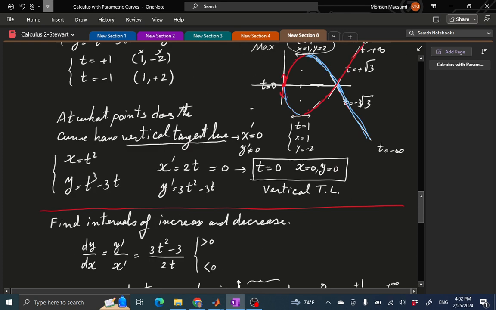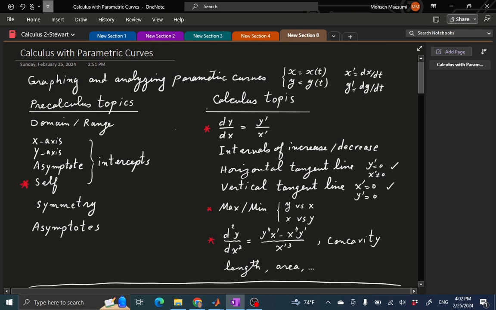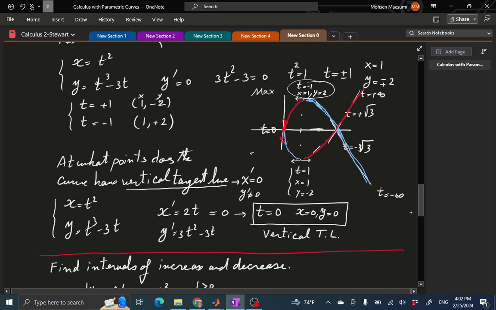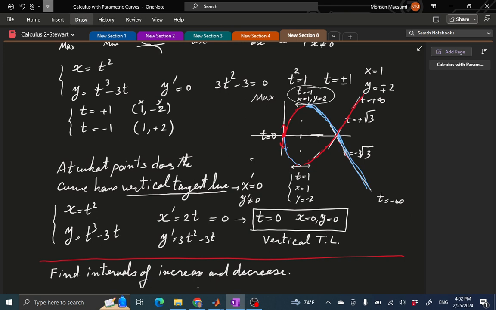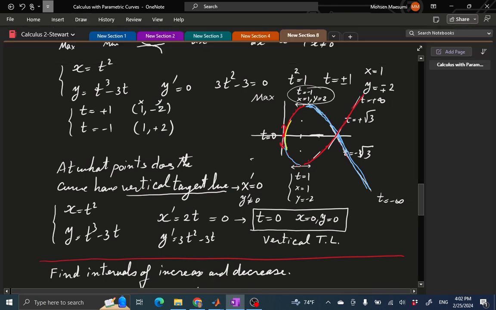What else were we going to talk about? So let's see. We talked a bit about this one, somewhat about this one. So we talked about y versus x, x versus y. You can also see x versus y. When we say x is equal to t squared, that means down here it looks just like a parabola. This is x equal to t squared down here.